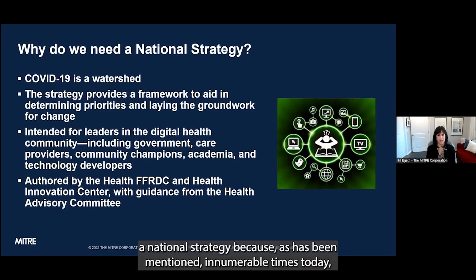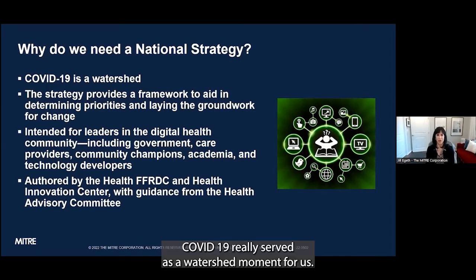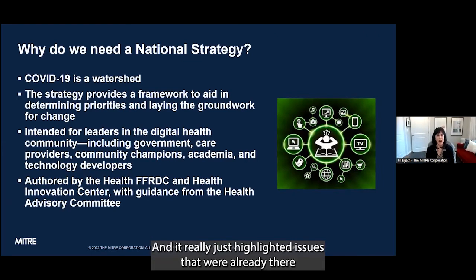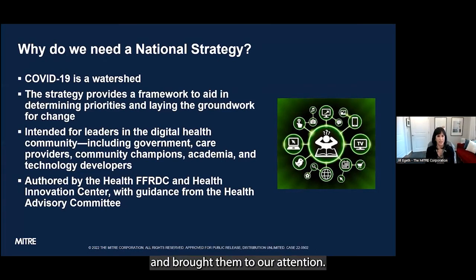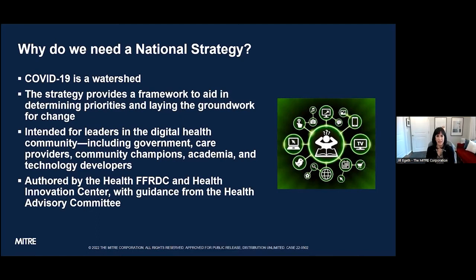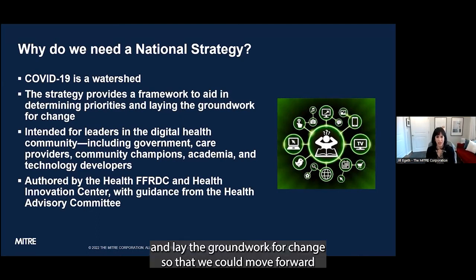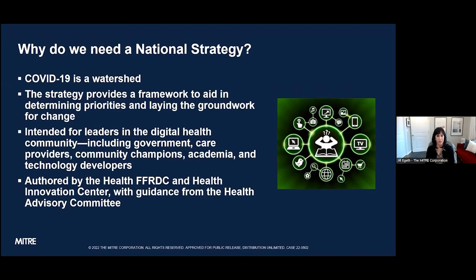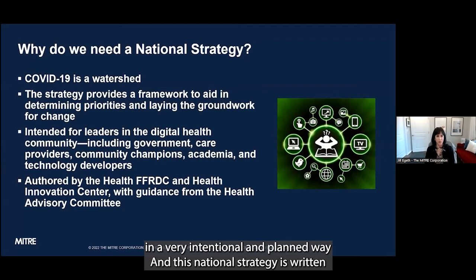We put together a national strategy because, as has been mentioned innumerable times today, COVID-19 really served as a watershed moment for us. And it really just highlighted issues that were already there. It brought them to our attention. And we decided that we needed to put together a framework that would help the nation to identify priorities and lay the groundwork for change so that we could move forward in a very intentional and planned way.